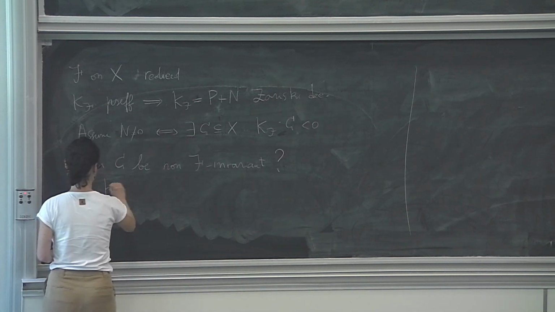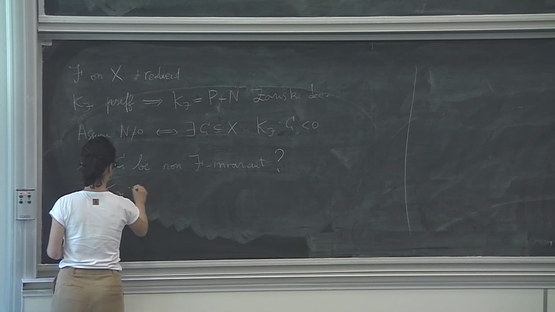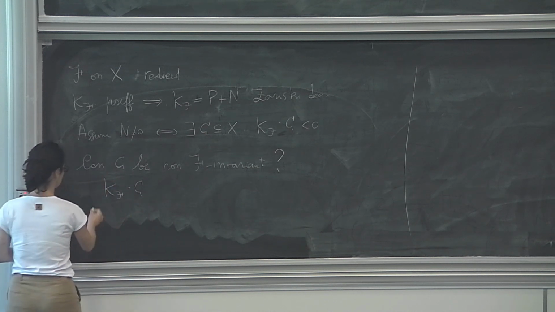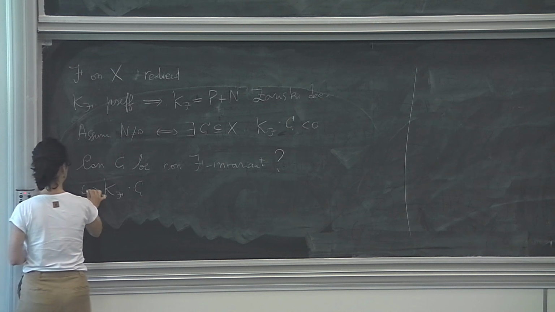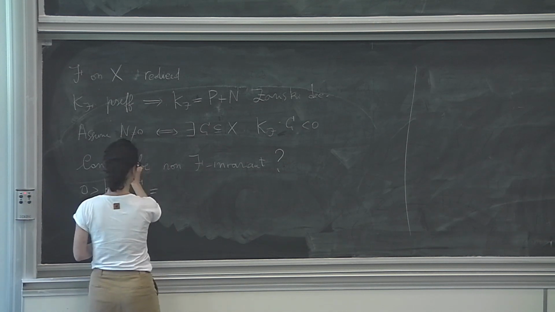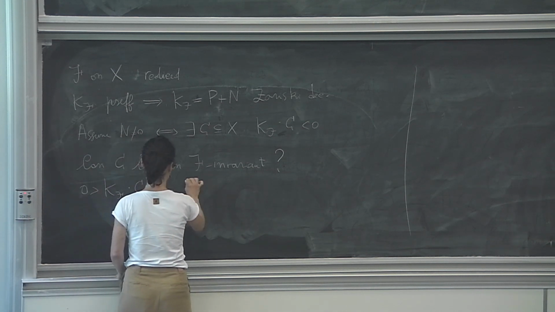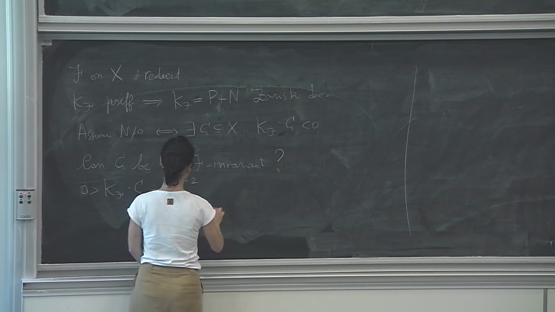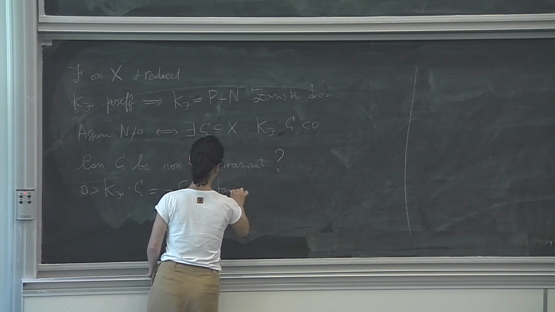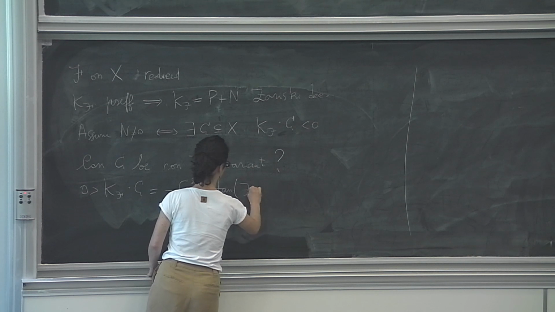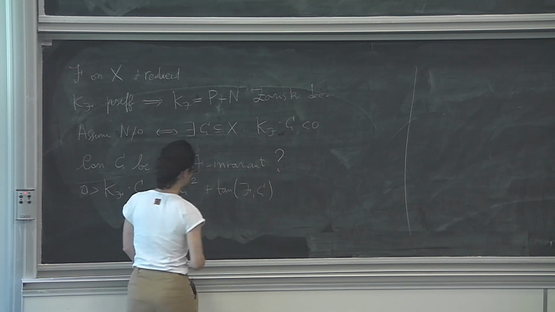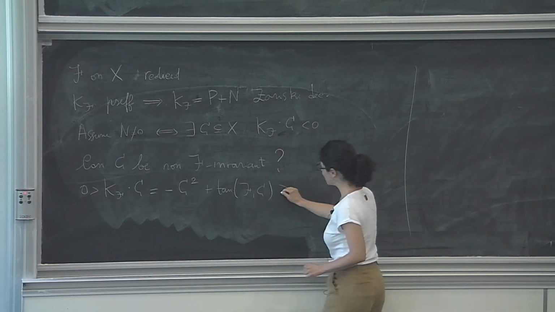So one of the few things we can do is, well, this has to be negative. But then if C is non-F-invariant, then this is minus C squared plus the tangency. And so the tangency is always non-negative.